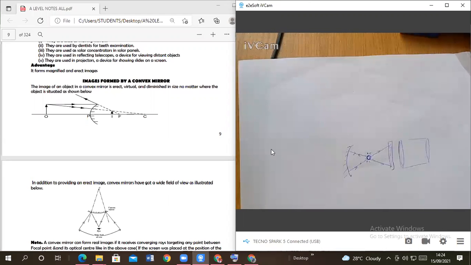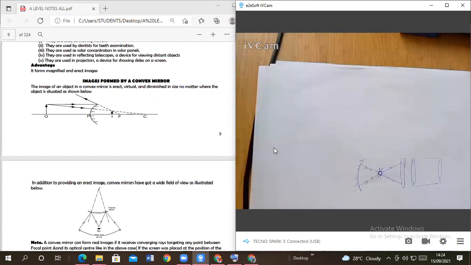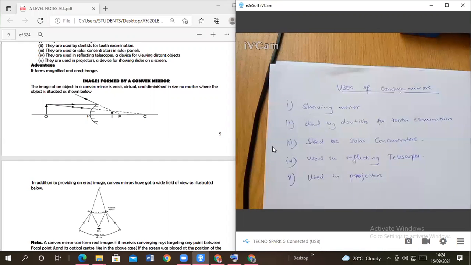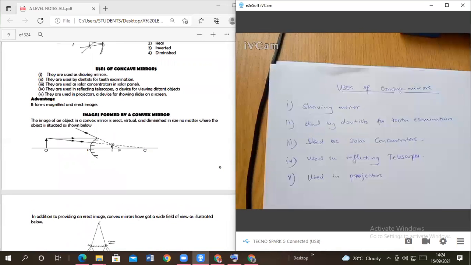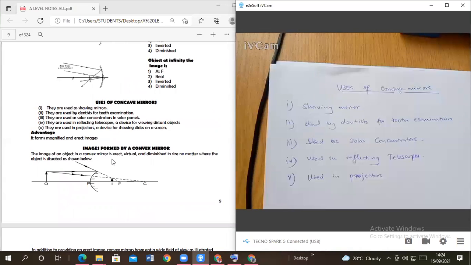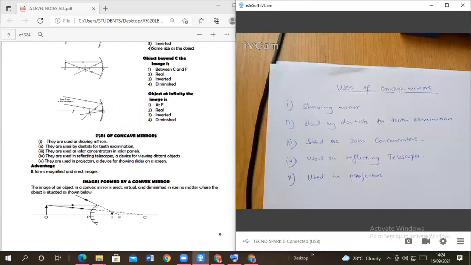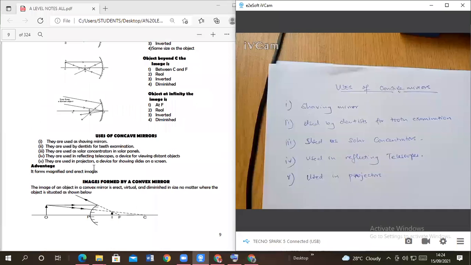And we shall look at projectors when you reach the optical instruments. Very good. Now, the other thing that you should know is that the advantage of concave mirrors is that concave mirrors form magnified and also erect images.